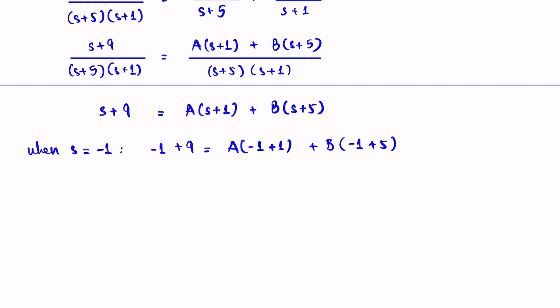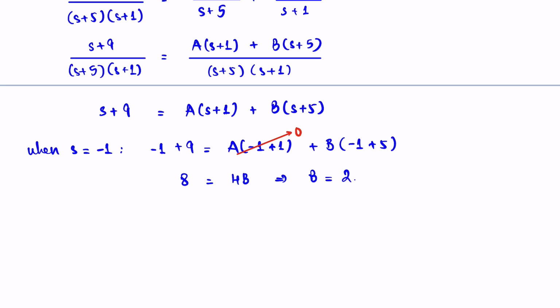Doing this allowed one of the constants, or one of the parameters, to disappear. So this capital A disappears and you can calculate the value of B. So here you have positive 8 on the left. This is 0. And therefore B is equal to positive 2.